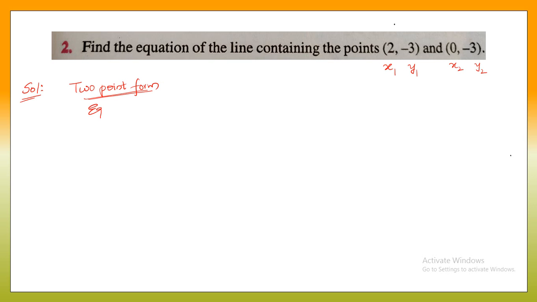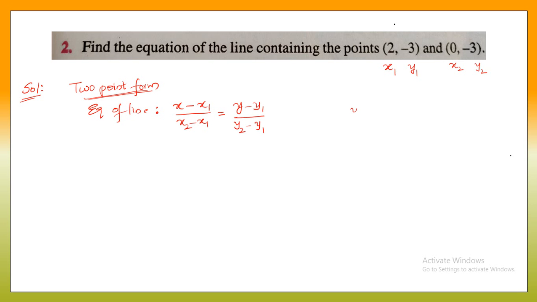From this two point form, the equation of line is given by x minus x1 by x2 minus x1 is equal to y minus y1 by y2 minus y1. This is the formula.